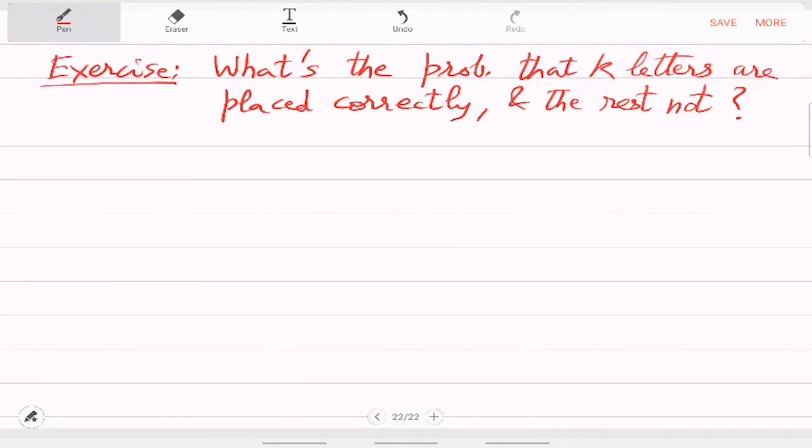This is a simple extension. What is the probability, where k is given to you and n is given to you? Now, as a function of k and n, solve this.